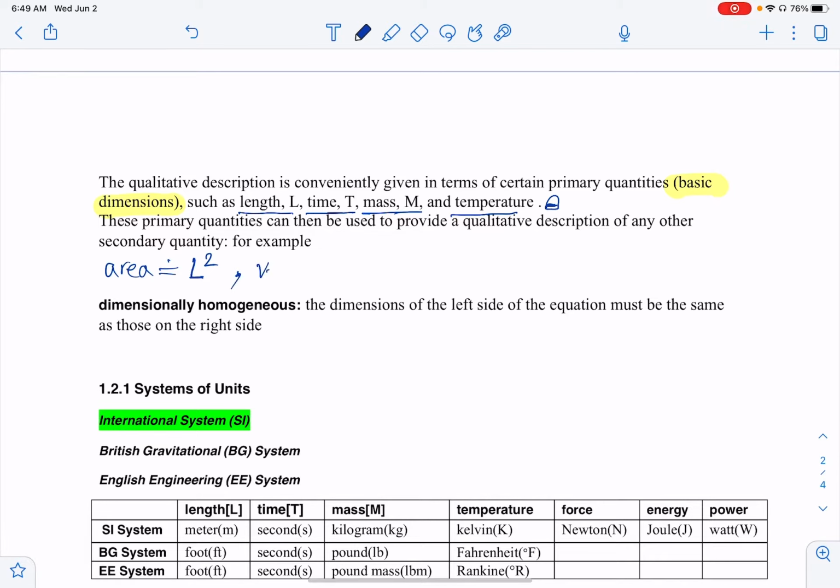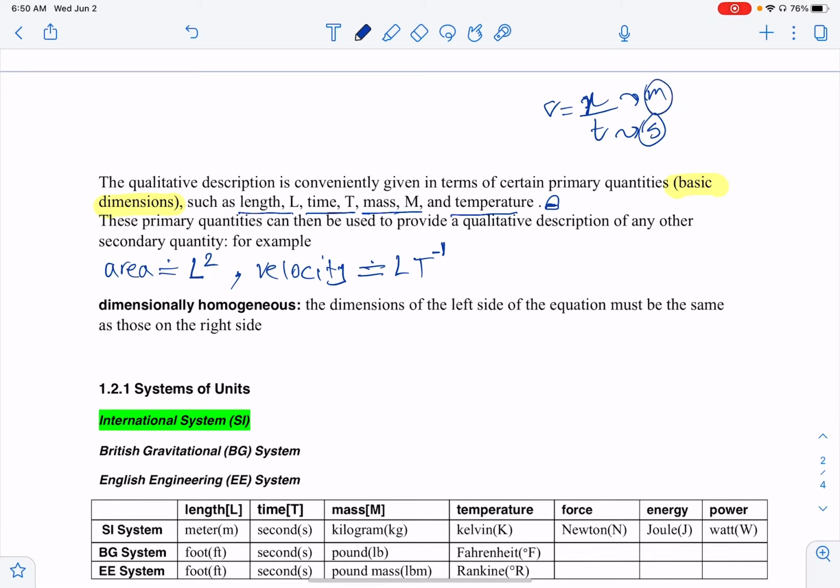And then we have velocity, whose units are LT to the minus 1. We know that velocity is x over t, where x is a distance, so the unit is meter, and the time t has the unit second.